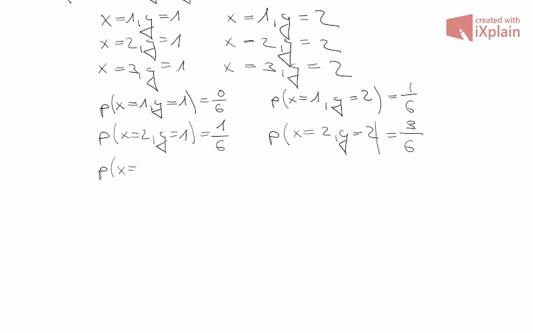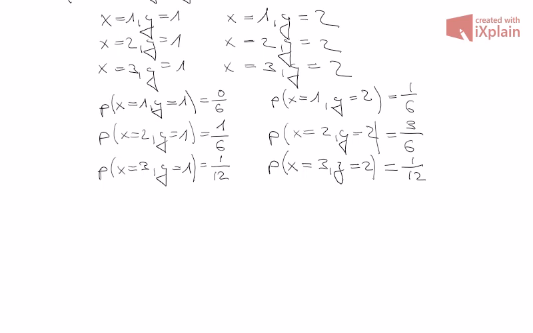Probability x equals 3, y equals 1. How many do we have? We have 5. So then let's give this 1 over 12, and this y equals 2 also needs to be 1 over 12, because in total we have a probability mass of 1 that we can distribute over these cases.